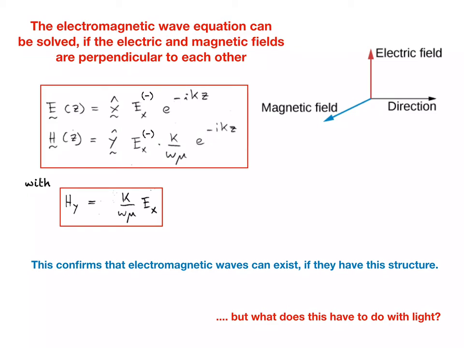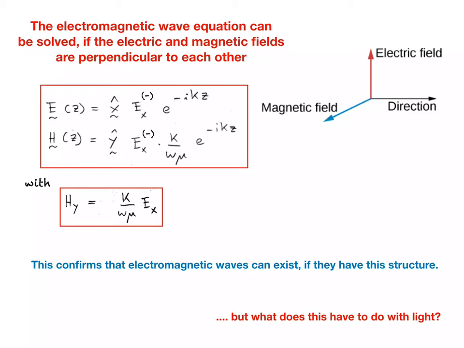However, the amplitudes differ. The electric field has the magnitude Ex plus, and the magnetic field has the magnitude Ex plus times the constant factor k on omega mu. Importantly, we recognize that the three important vectors are perpendicular to each other. The propagation direction is perpendicular to the electric field vector, which itself is perpendicular to the magnetic field vector.